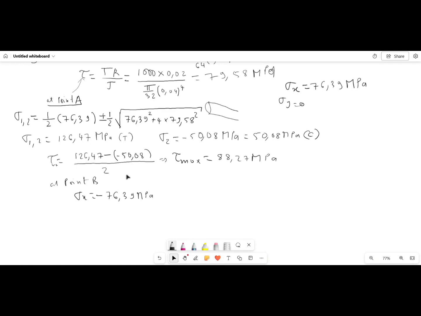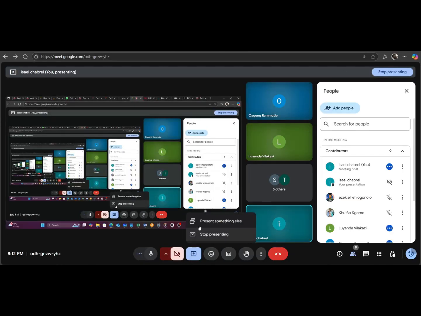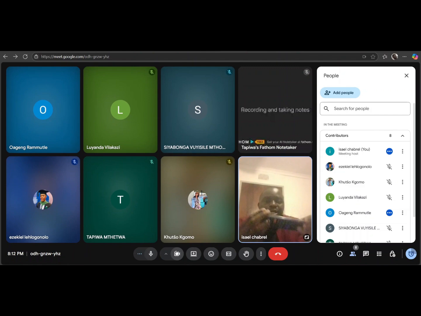I can see you all said there's compression at point B and tension at point A. Let me stop presenting and show you my face to show what I'm trying to say. I'm going to take the calculator again. As you pull, this goes down. The force P is going up. So at A, it's tensile.